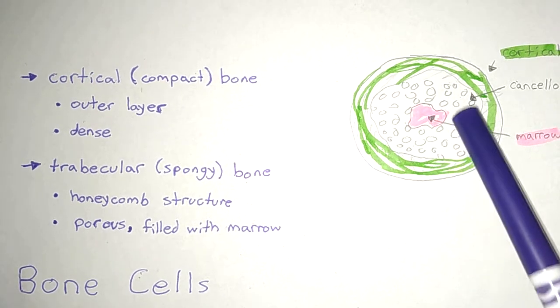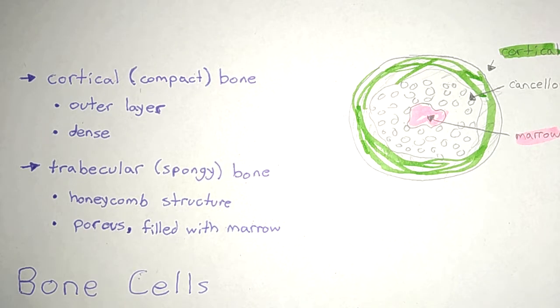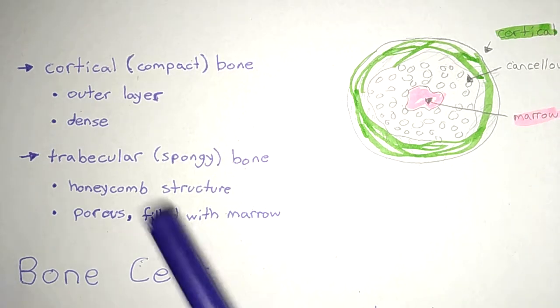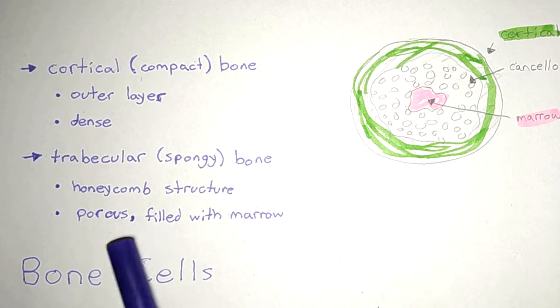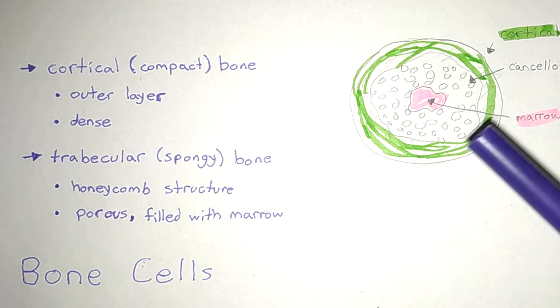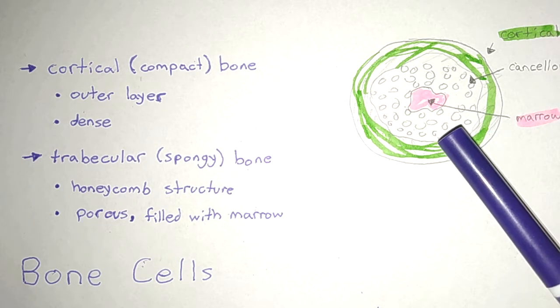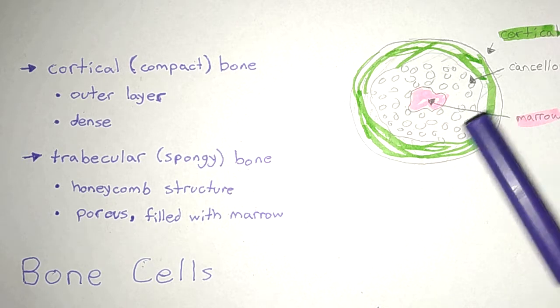The inner part of it is filled with cancellous bone, which is trabecular bone, also known as spongy bone, and it has this honeycomb structure and it's porous. There are a lot of gaps in it, and we're going to see how that also plays a role in mechanical properties.